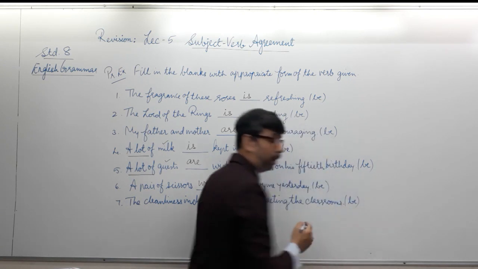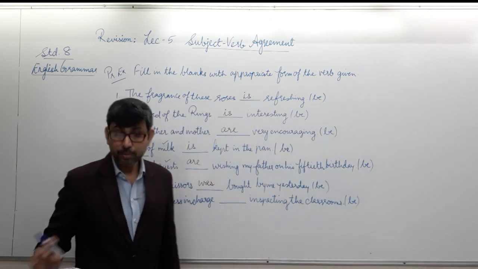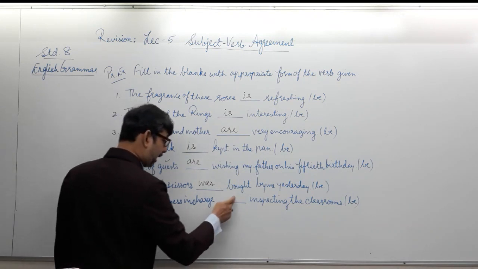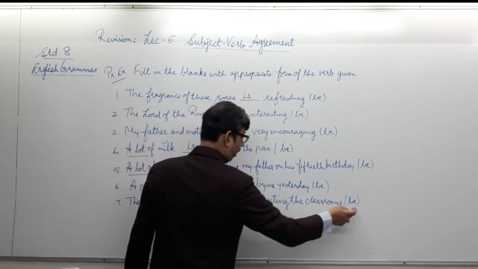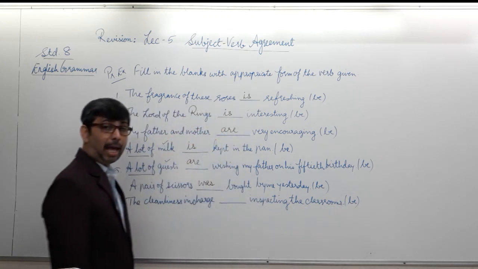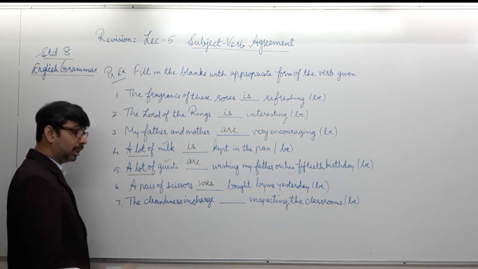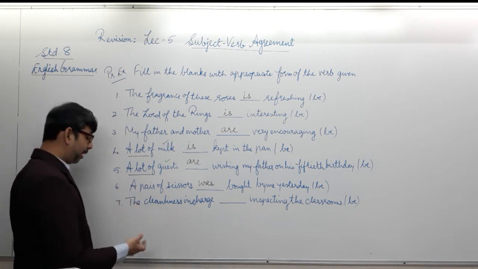And once again we have the word be to be utilized over here. The cleanliness in charge dash inspecting the classroom. Think about is, are, am, whatever is suitable over here. One of the members of the be family with respect to the rules that we have learned.